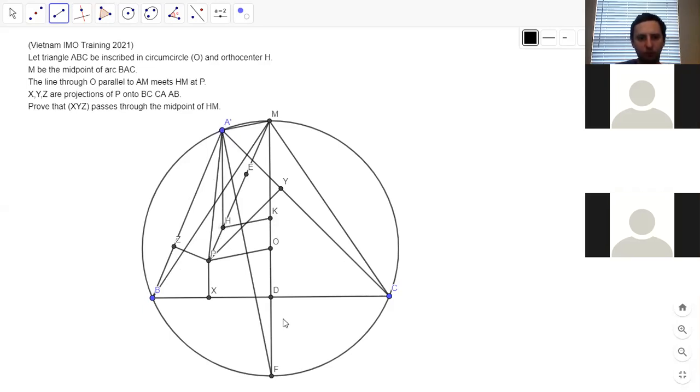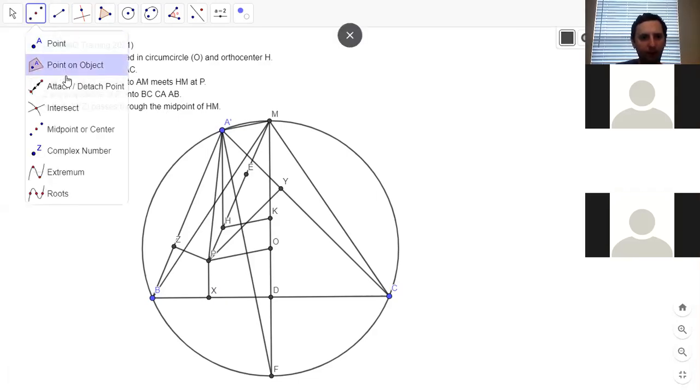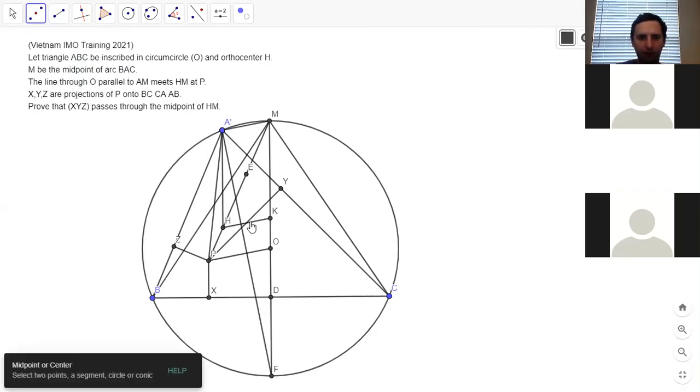Did you prove that D is on the circle? No, I did not prove yet that D is on the circle. So maybe it's worth drawing the midpoint of HK, because I think that would be the center of this.